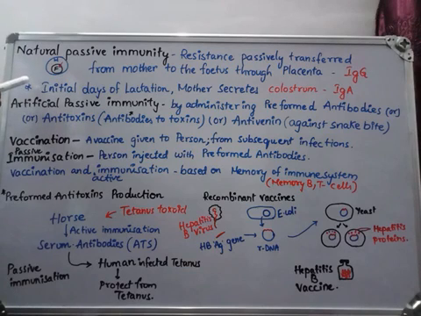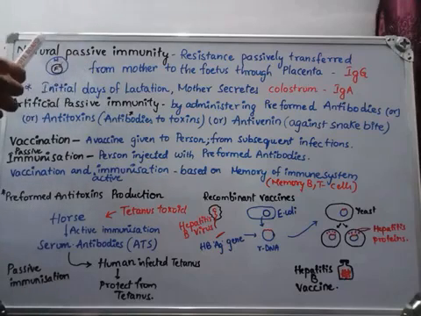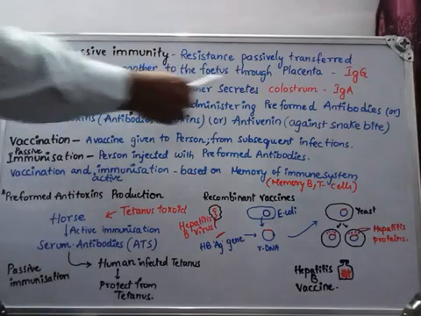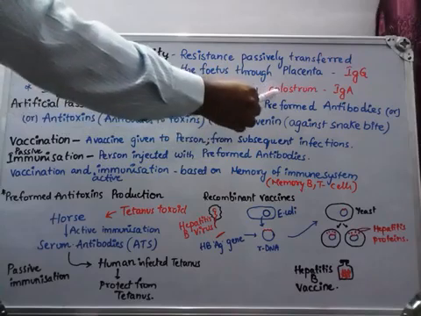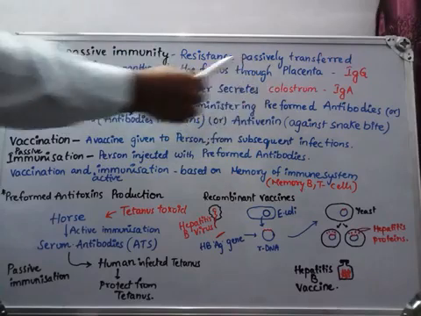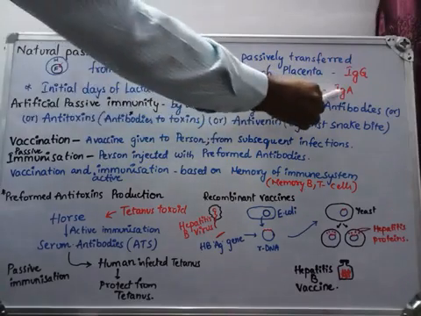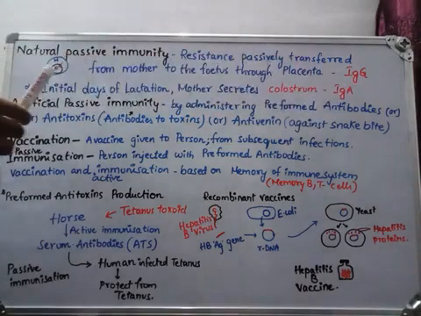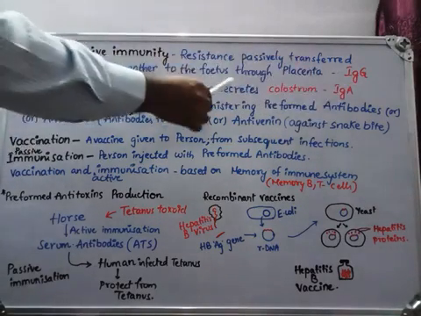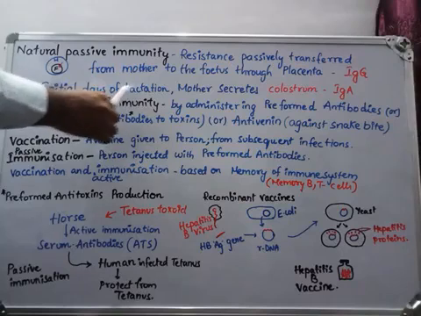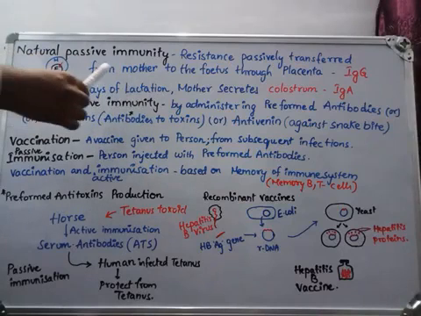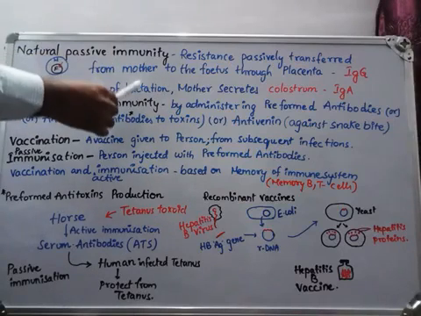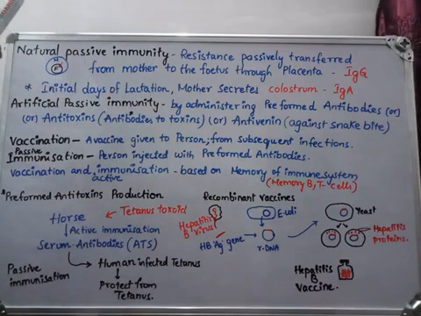The second example is after childbirth. During the initial days of lactation, the mother secretes colostrum. Colostrum is a yellow fluid which is rich in IgA antibodies. The initial milk secreting period is what we call lactation.